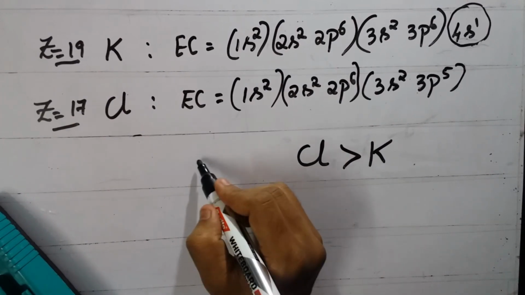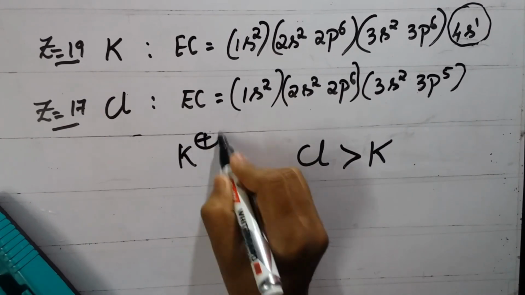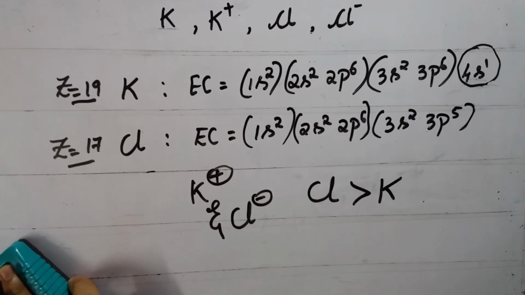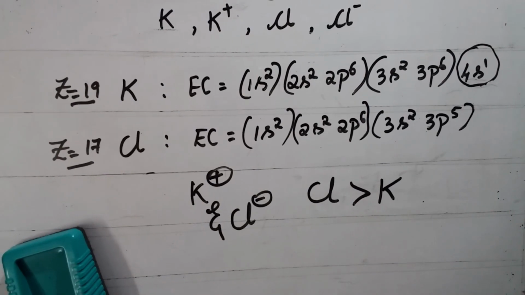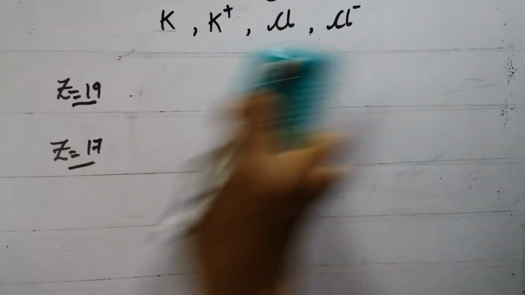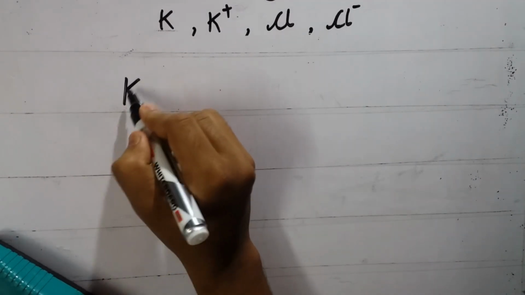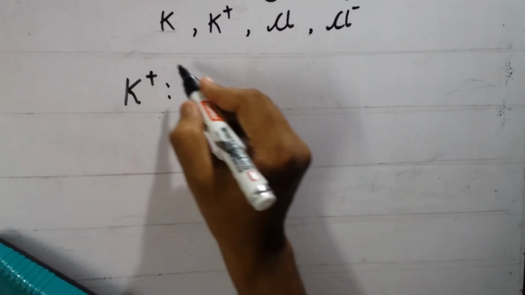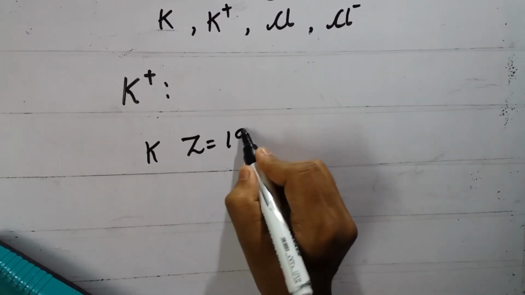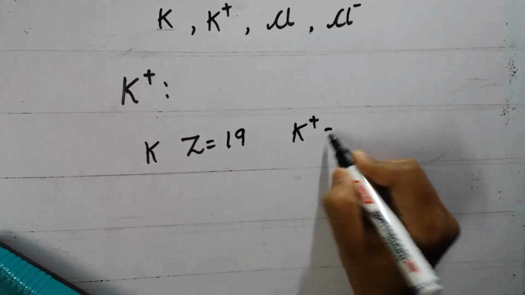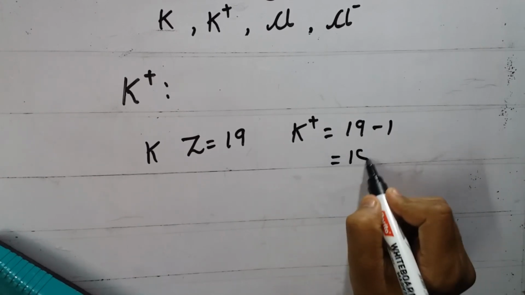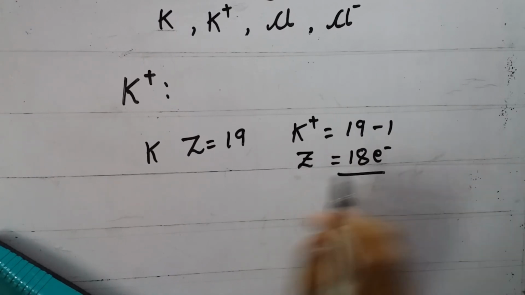But what about the K plus and Cl minus? Let's consider K plus, where if the potassium has the Z value 19, then the K plus would have one electron less, that is, there is an oxidation of one electron, therefore it has 18 electrons.